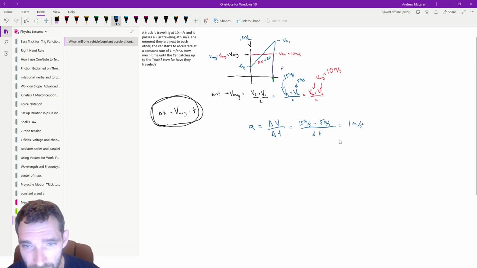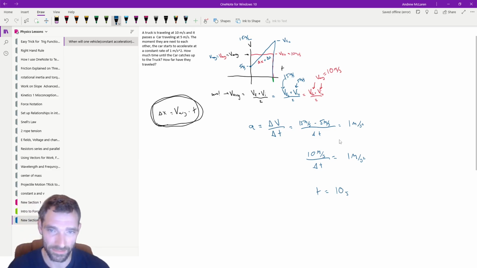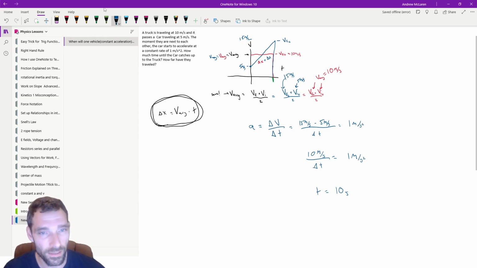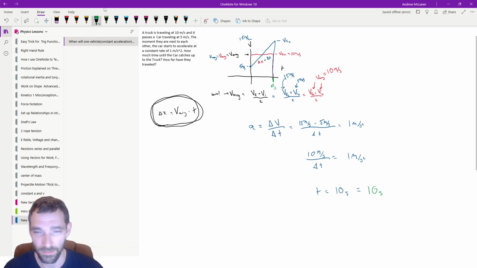So we've got 15 minus 5, so we've got a change of 10 meters per second all over this time at a rate of 1 meter per second squared. So it looks like this is taking 10 seconds to get up to 15 meters per second. We know that that is going to be the amount of time that it takes for both of these things to go the same amount of distance.